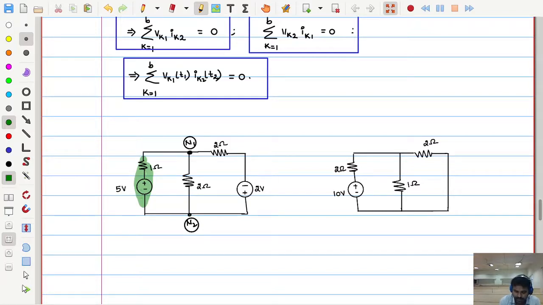A voltage source in series with resistance can be treated as a practical voltage source. Similarly, this entire thing is one more branch, the second branch, and this middle one is one more branch, only a resistor. So two practical voltage sources are connected with one resistor. That is the circuit pattern structure.